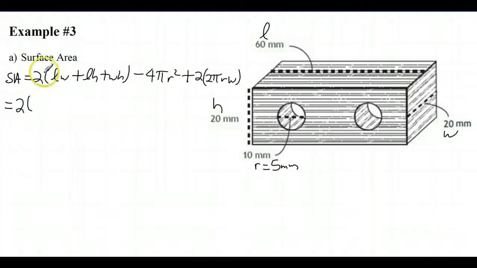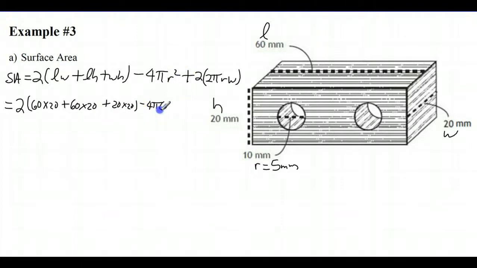Length times width, so 60 times 20. Plus length times height, 60 times, again, also 20. Plus width times height, which will be 20 times 20. Minus 4 pi.